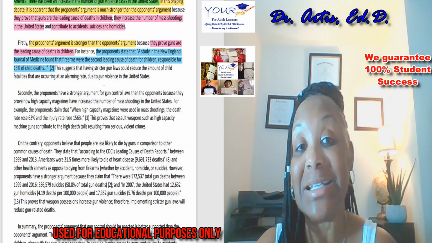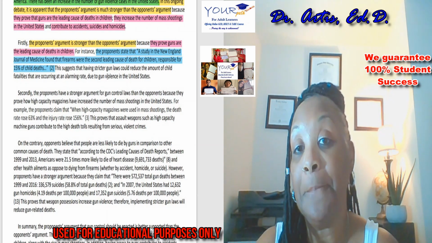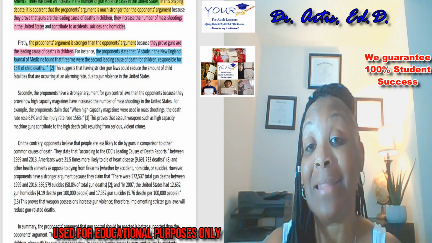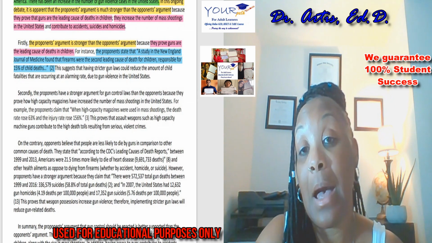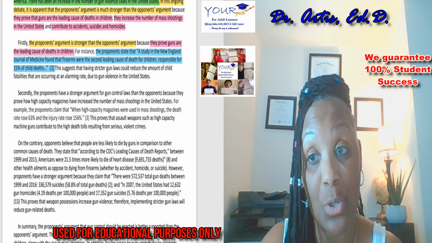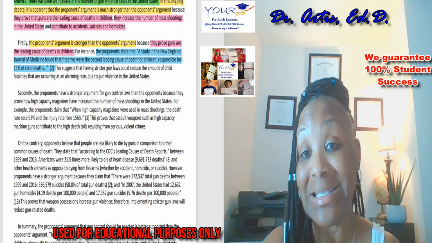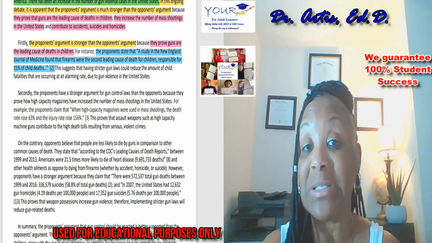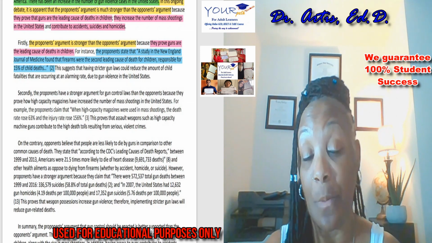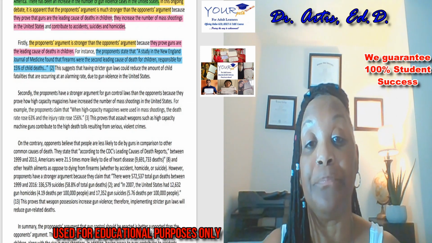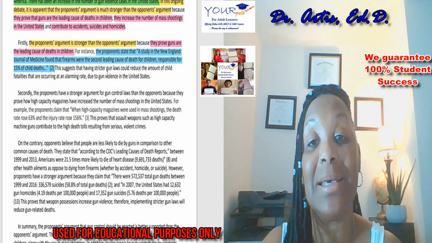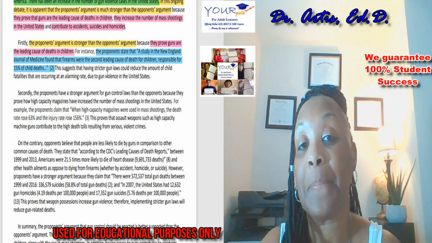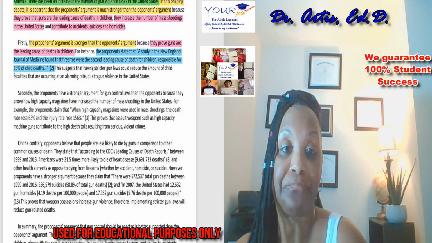Now, your textual evidence does not have to be in quotation marks if you are paraphrasing, okay? And that means that you're rewording the text in your own words and you're not taking it directly from the text. You can do it either way. If you take it directly from the text, you want to make sure that you use quotation marks, okay? That's very important. All right, so we're going to highlight this as, let's make this blue. This is going to be the textual evidence.